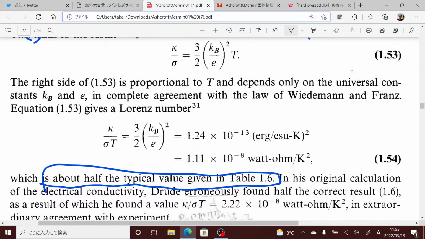In his original calculation of the electrical conductivity, Drude erroneously found half the correct result, as a result of which he found a value kappa divided by sigma T equal to 2.22 times 10 to the minus 8 watt ohm per K squared, in extraordinary agreement with experiment.